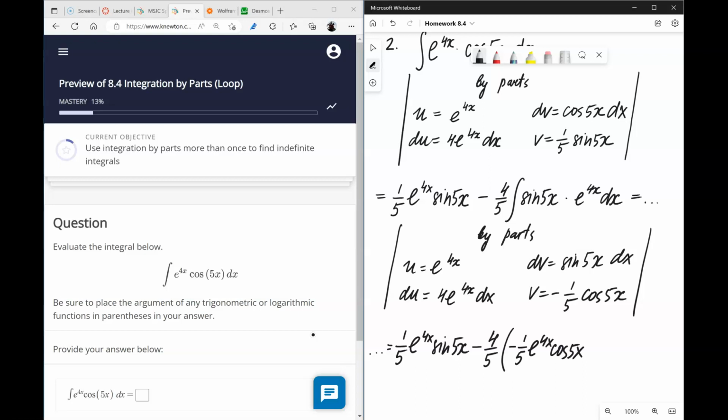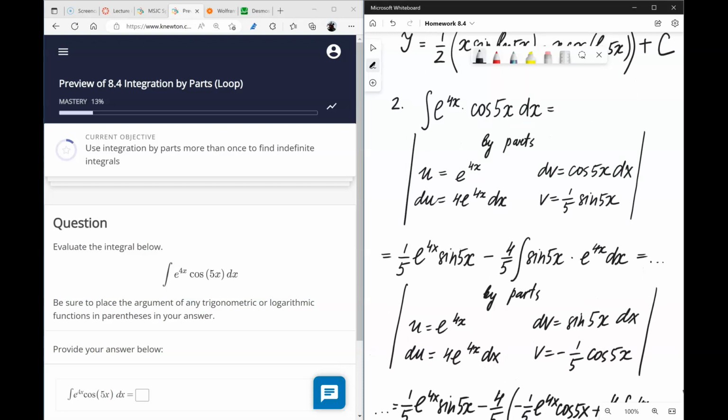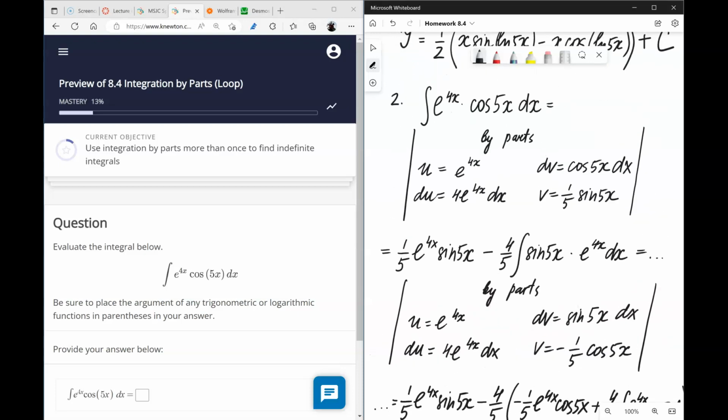And because I already have a minus in front of v, it's going to be plus. I'm going to take out 4/5, and I have the integral of e to the 4x times cosine 5x dx. And this is where we notice the pattern. We ended up literally with the original problem.